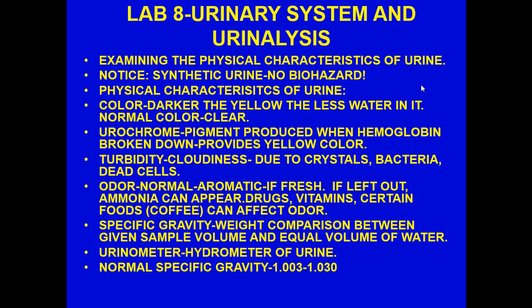What is the color? For example, the darker the yellow, the less water is in it. Normal color of urine is about clear. Remember that urochrome is a pigment produced when hemoglobin is broken down and provides the yellow color. Turbidity is sort of a cloudiness, and this is due to crystals, bacteria, and dead cells.